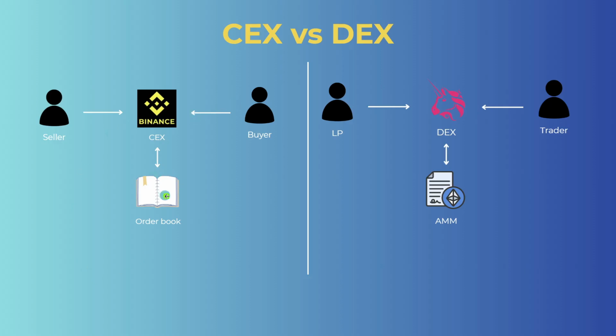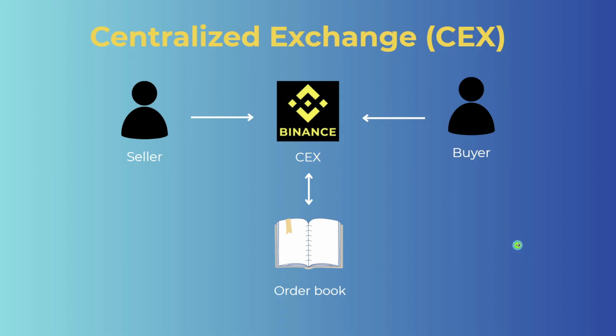We match them by using an order book. In a DEX, instead, we have an LP, which is a liquidity provider, someone who is providing liquidity, providing tokens, and we have a trader, someone who wants to swap, for example, a token for another, and we will use a DEX, which is based on an AMM, an automated market maker, and it is totally decentralized.